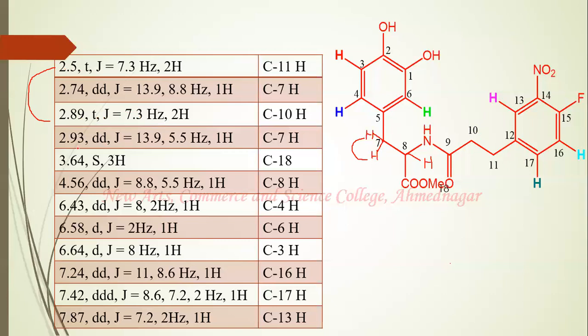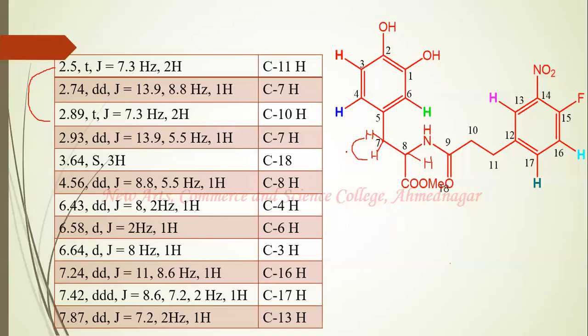Next is 2.93 doublet of a doublet with J 3.9 and 5.5 Hertz coupling constant value. So this will be the second proton present on the C7 carbon atom. 13.9 Hertz coupling constant value will confirm that it is C7 proton because it shows the geminal coupling with 13.9 Hertz coupling constant.